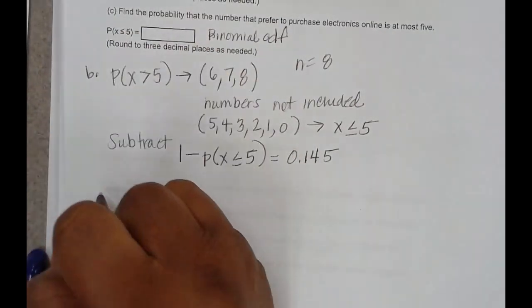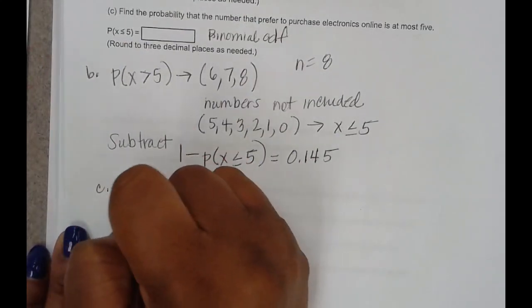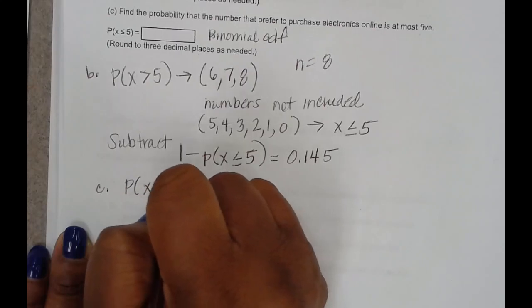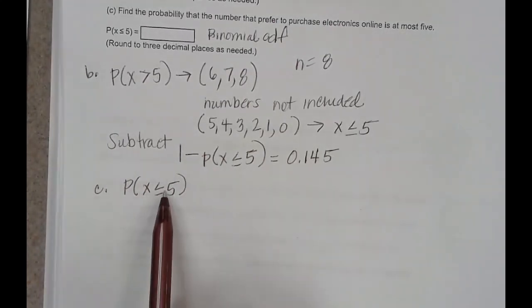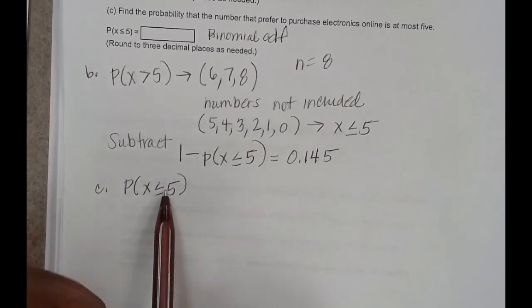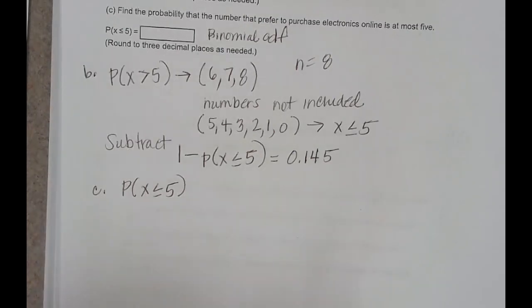For part C, P of x is less than or equal to 5. Remember, you got options. You could find the probability of 5 exactly, 4, 3, 2, and 1 exactly, and find your answer.